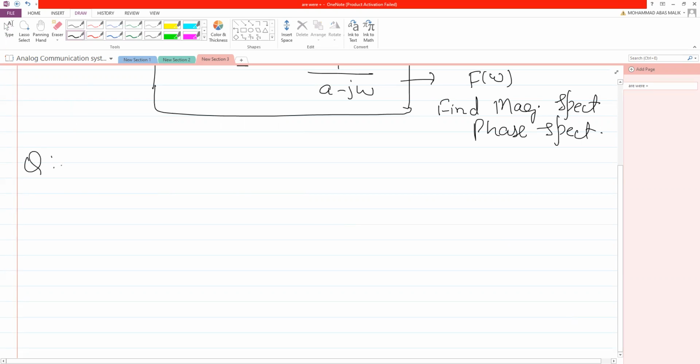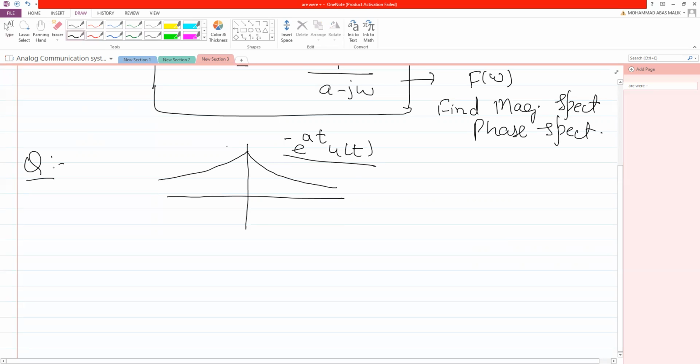So you just try to find the Fourier transform of this signal. This is your e raised to the power minus at u of t. This portion will be your e raised to the power at u of minus t.